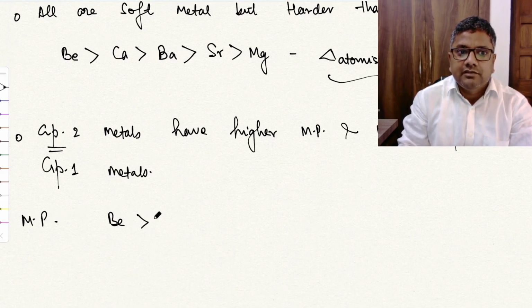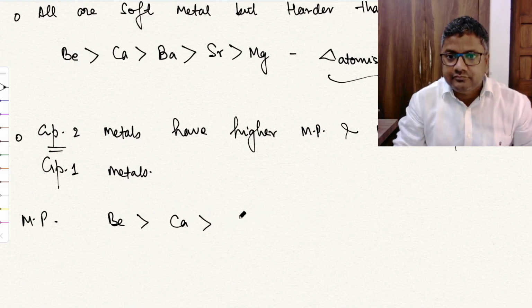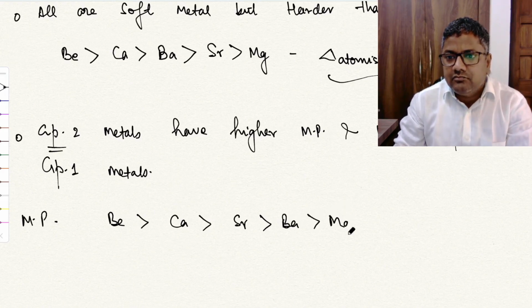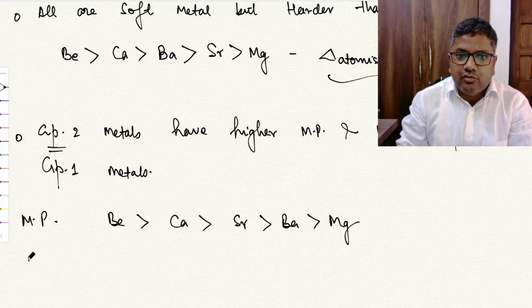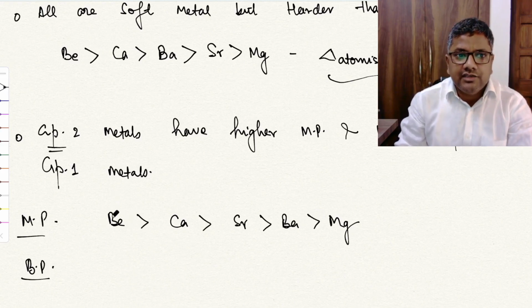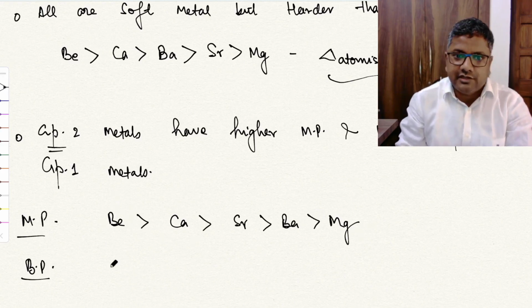And in the same group, if we compare, the order of melting point is beryllium, then calcium, then strontium, then barium, and then magnesium. And boiling point order also has no regular pattern, but you will find that beryllium is highest and magnesium is lowest, right?